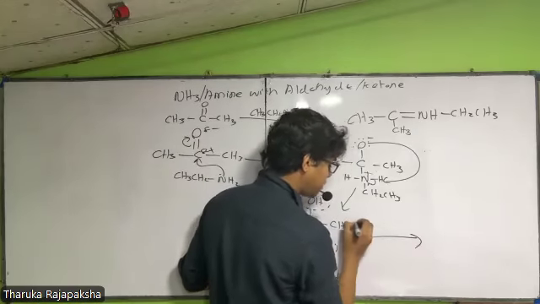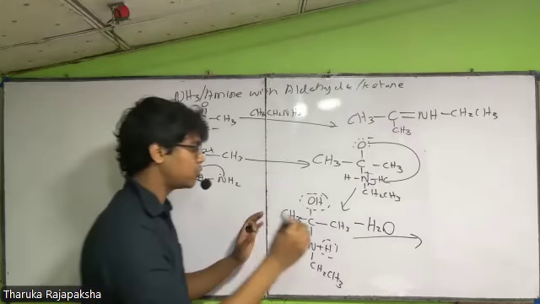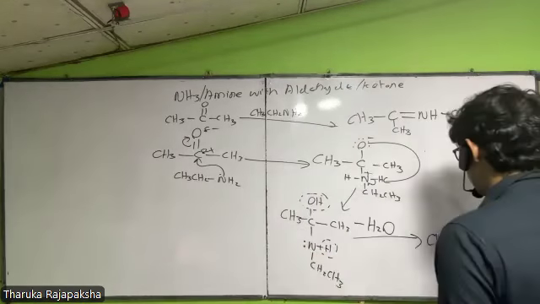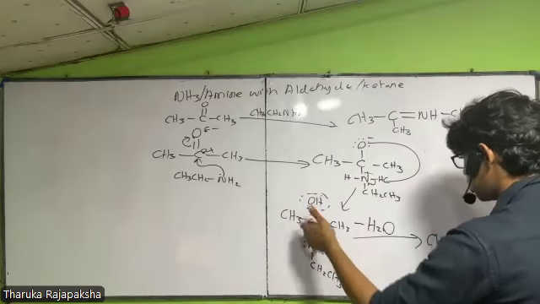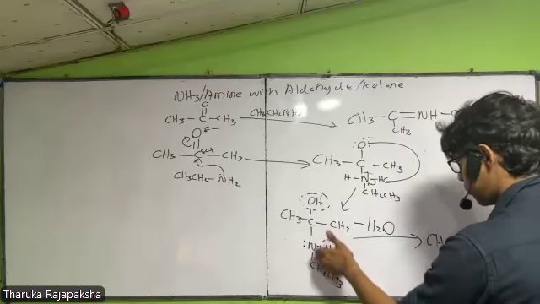So you have to indicate minus H2O. Not addition of H2O, minus H2O. H2O is getting removed. So your final product will be CH3. This bond is removed. This hydroxide is removed. This hydrogen is removed. So a double bond forms in between.